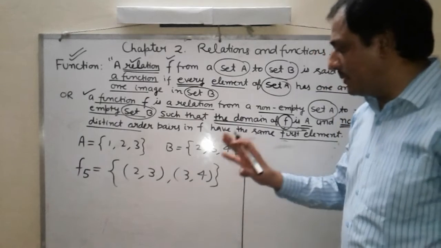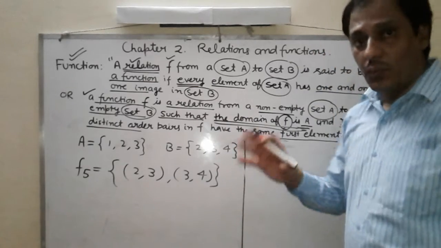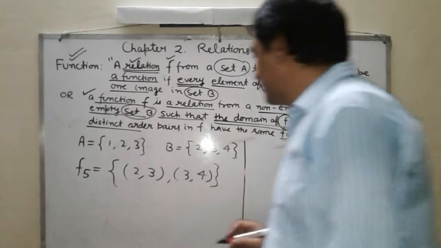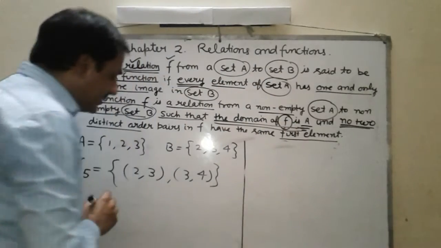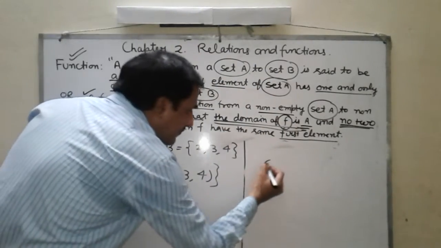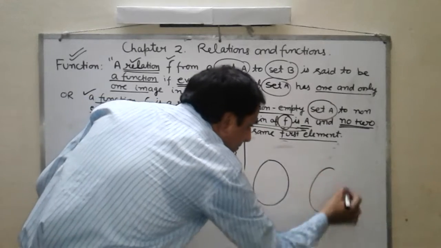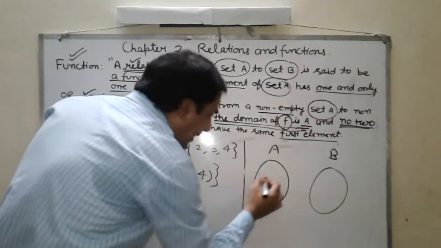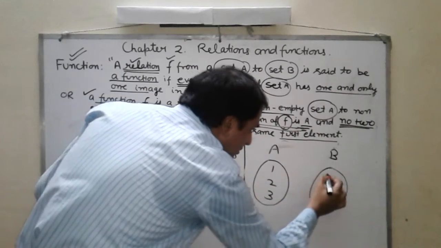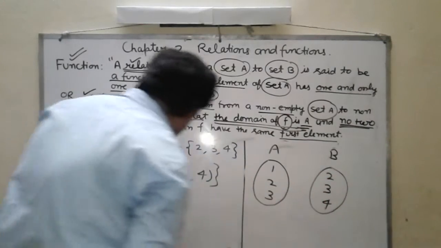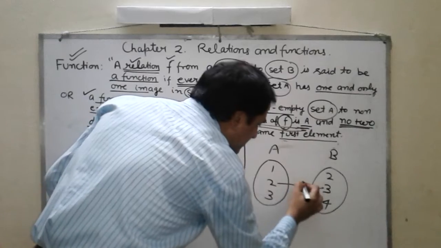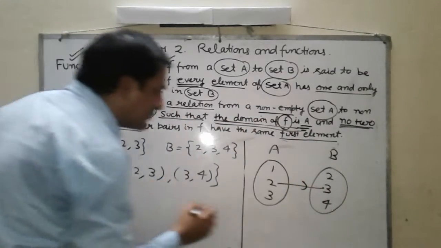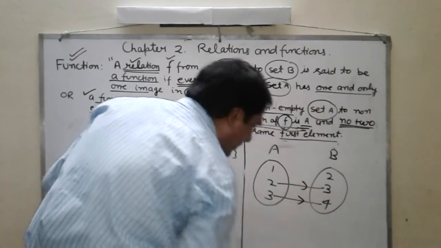No, this is not an example of a function. Why? Because if we represent this with the help of an arrow diagram, 2, 3, 4: the image of 2 is 3 and the image of 3 is 4.